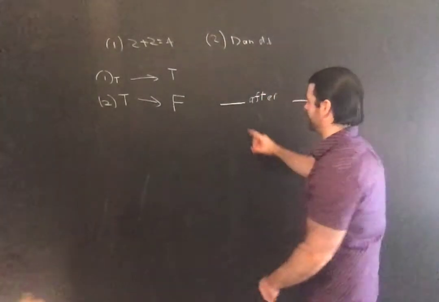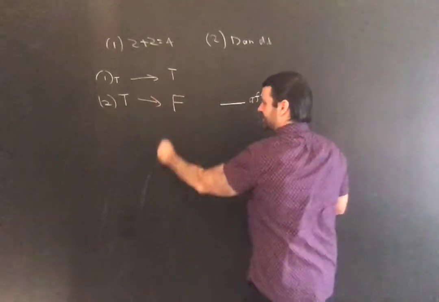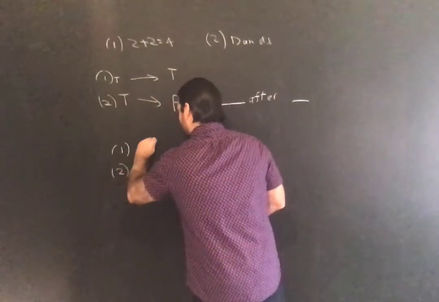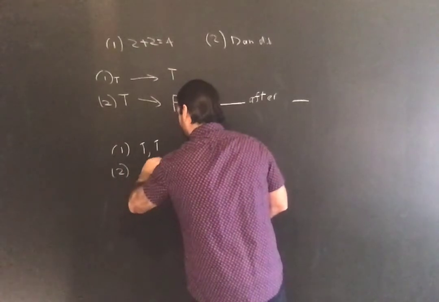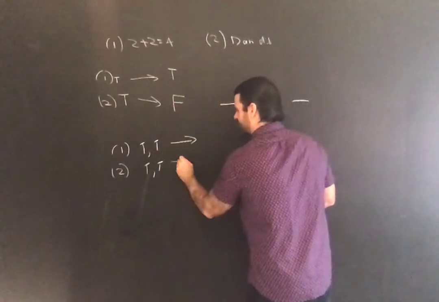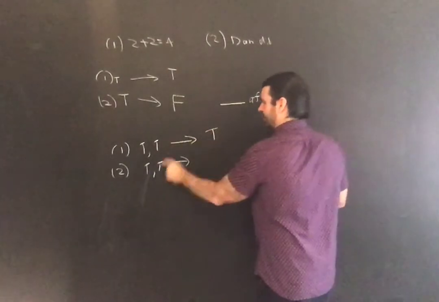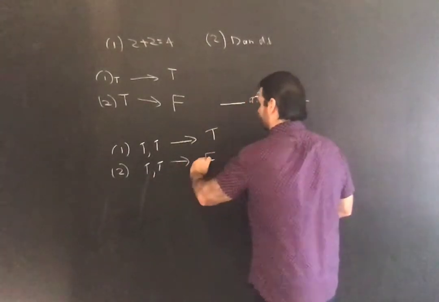So it's got to go something like this: true, true, true, true, where you plug in these two true sentences, it comes out true. Plug in these two true sentences, it comes out false.